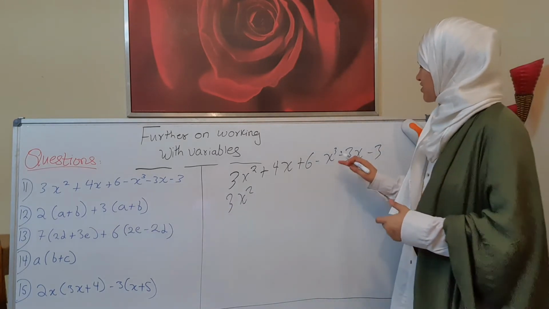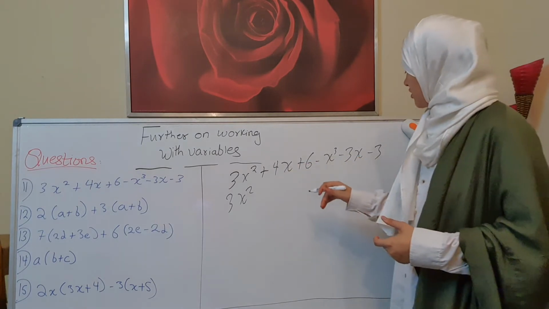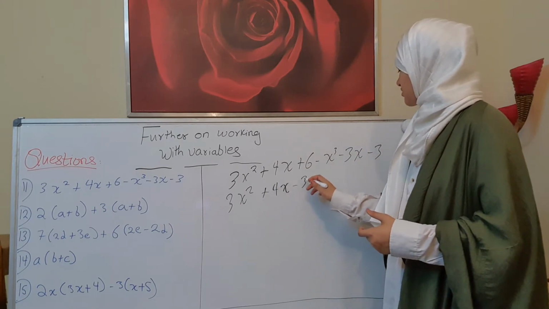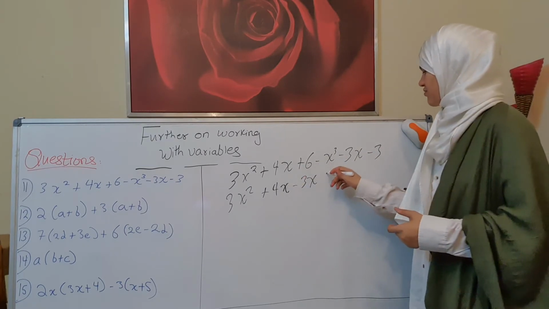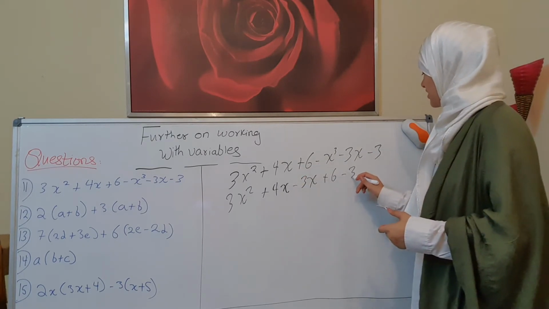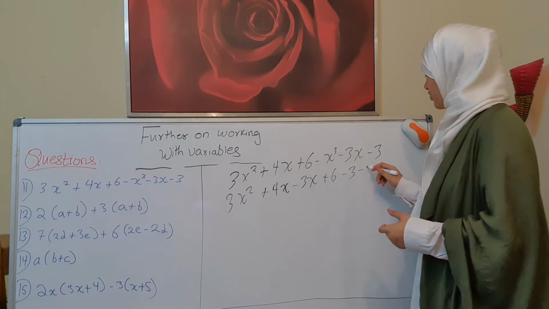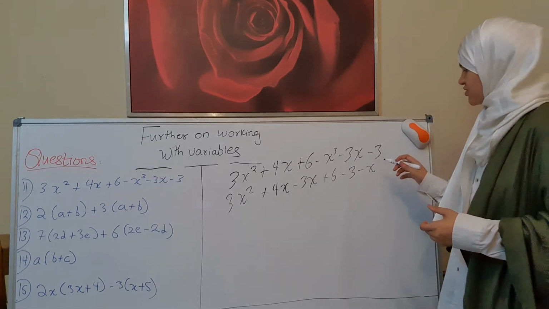Okay, what we have here, 3x and 4x are like terms: 4x minus 3x. And here, positive 6 and negative 3. And alone, negative x cubed, because it doesn't have like terms in this question.